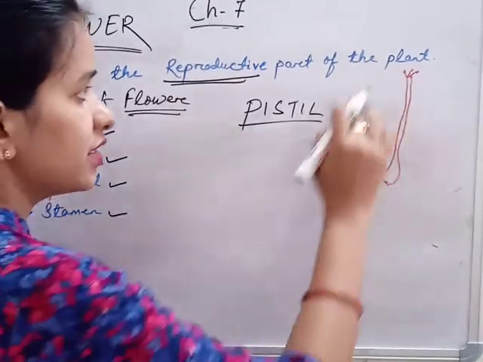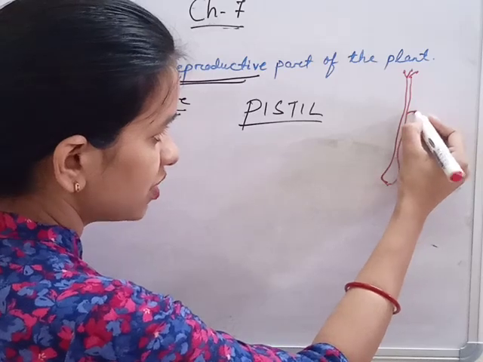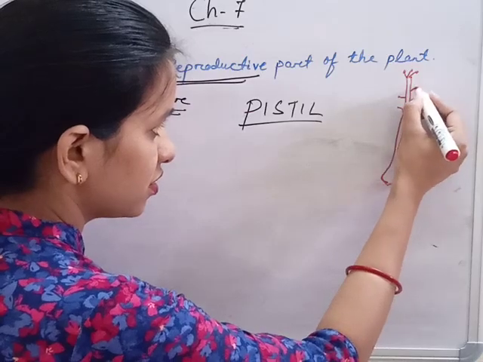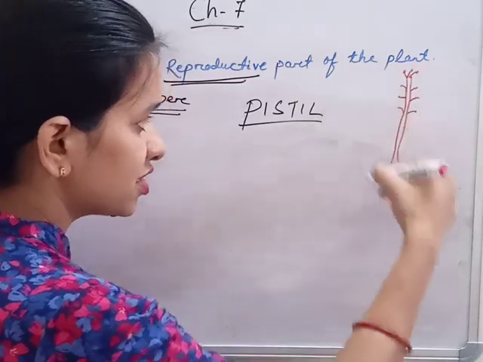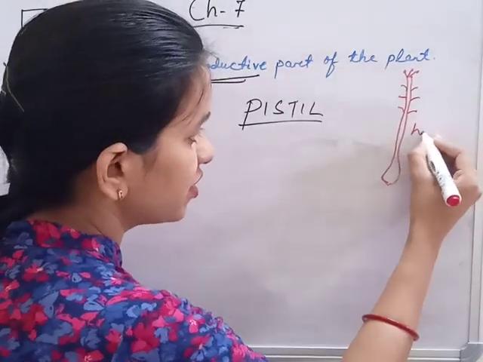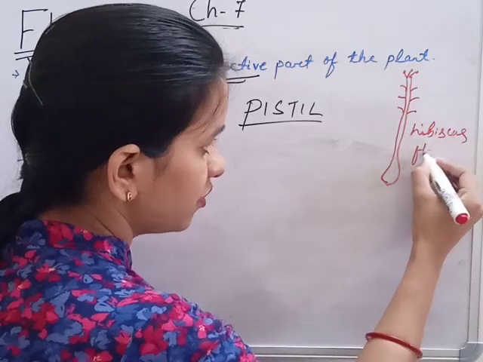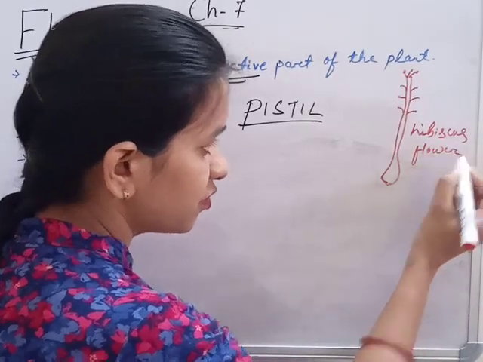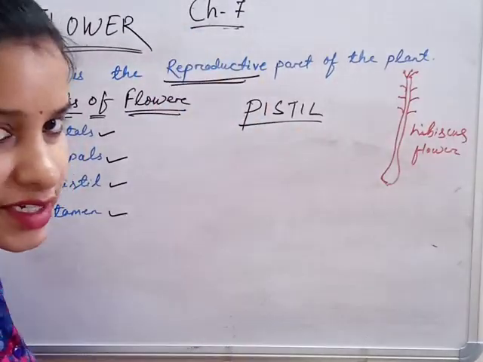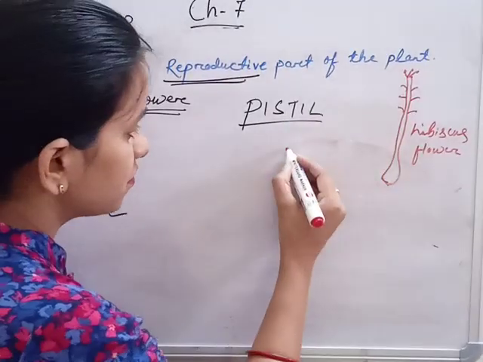Okay, and in the hibiscus flower, in this pistil there is a small part like this. This is actually the inside structure of the hibiscus flower. If you have a hibiscus flower, it is available in everyone's garden, you can easily get it. You will get this type of middle portion if you take it out. Okay, so let me draw the proper pistil.